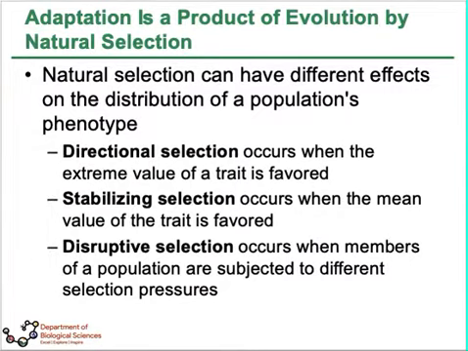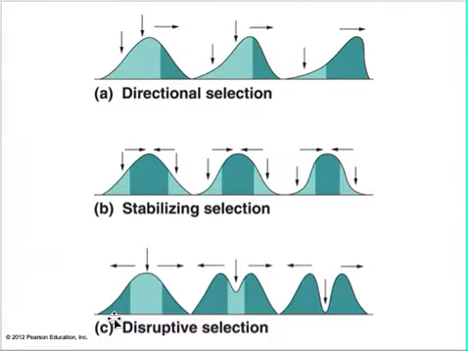Okay, so we have a graph representation here of the different types of selection. As you can see, for directional selection, or what we call positive selection, there is an extreme phenotype that is favored over the other. If you have two types of trait at both ends, they are being tested by environmental pressure.